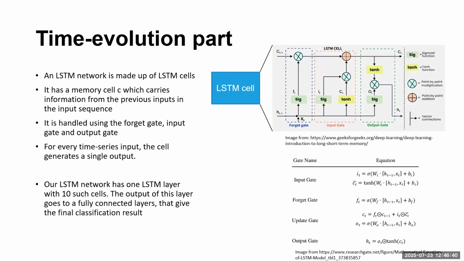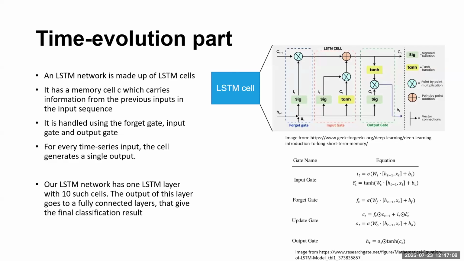In addition to the memory cell, the LSTM cell has 3 gates. The forget gate decides what part of the memory cell to forget. The input gate tells what part of the new input to add to the memory cell. And the output gate decides what part of the memory cell should be included in the output for that particular timestamp.